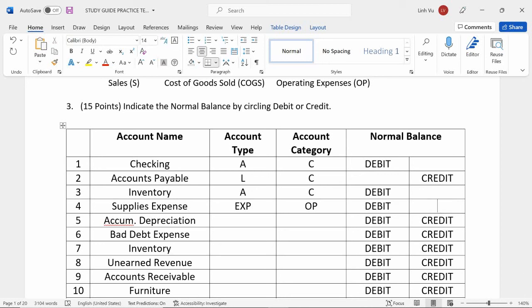What about accumulated depreciation? Would that be a liability or an asset? It is definitely not a liability, because where does accumulated depreciation come from? It comes from our asset.